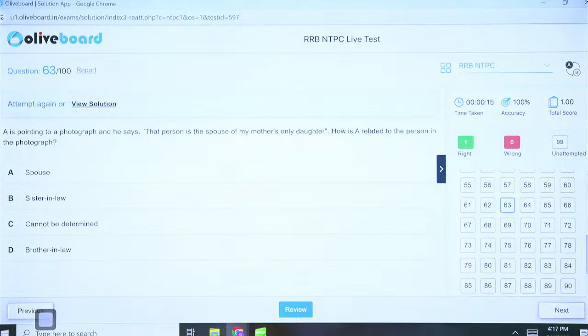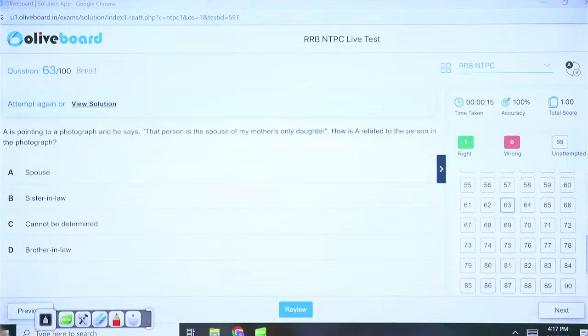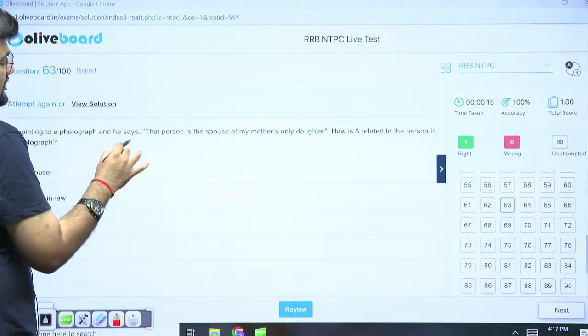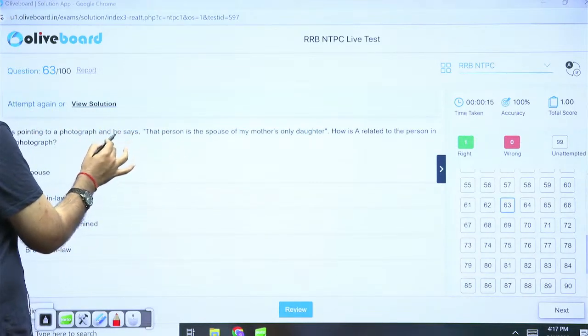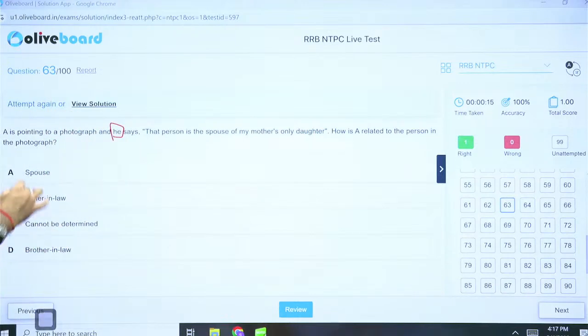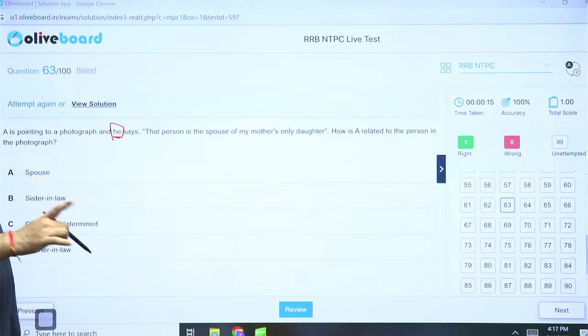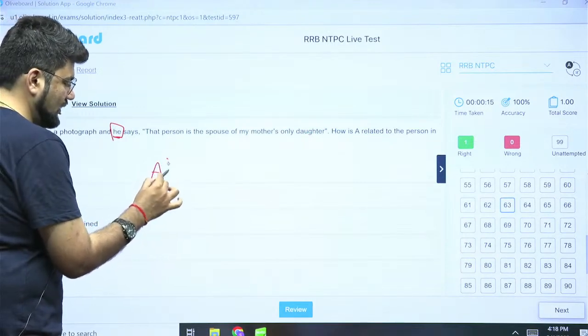Not a problem. So A is pointing to a photograph and says, that person is the spouse of my mother's only daughter. This is the most important point of this question. A lot of students miss this. A is pointing to a photograph and he says, so A is definitely a male, and you will start your tree from A only.